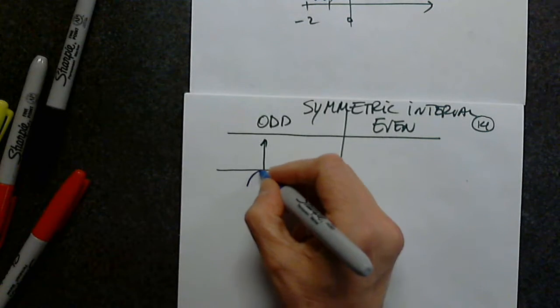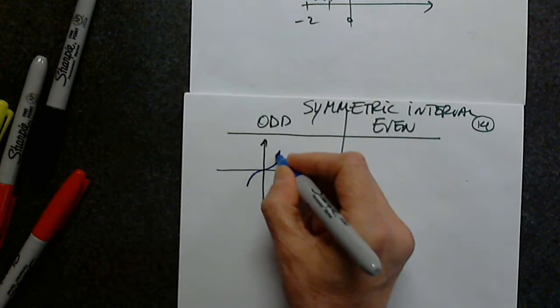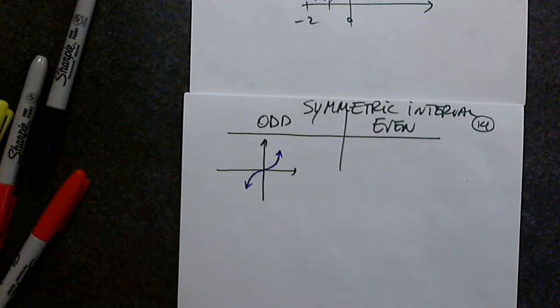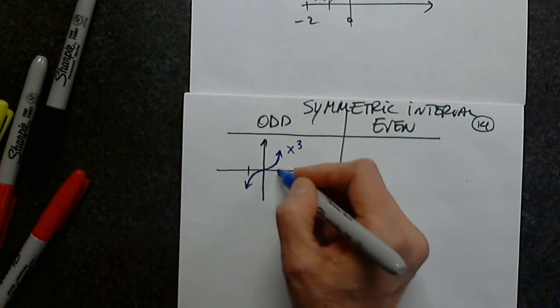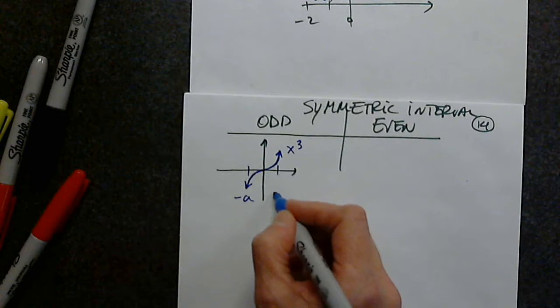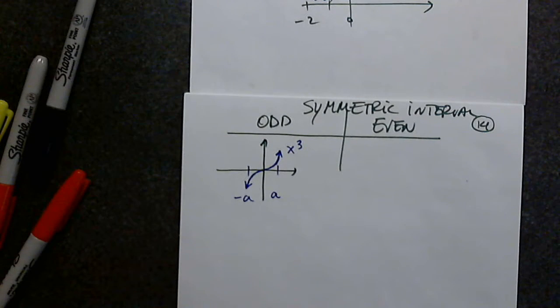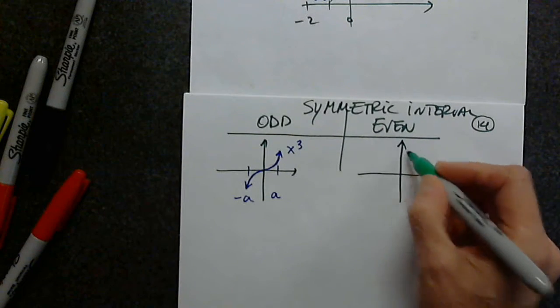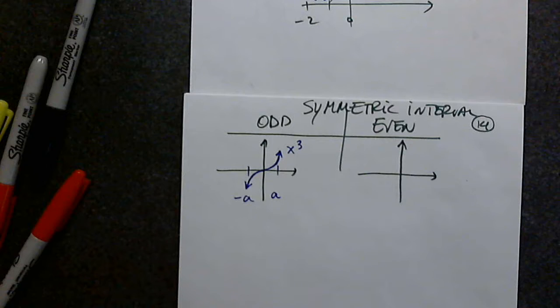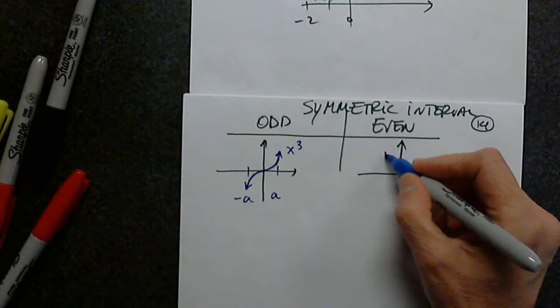Can you think of any odd function? X cubed. Awesome. Very good. So between -a and +a. And here's the graph of an even function between -a and +a.